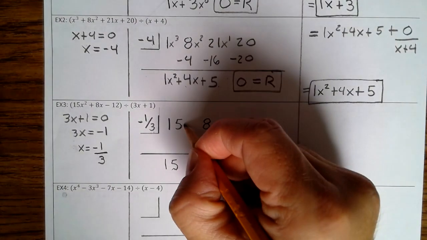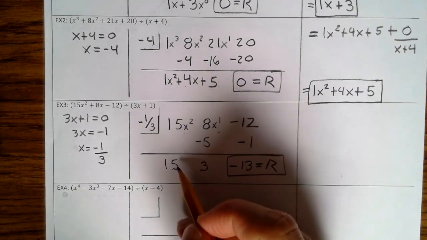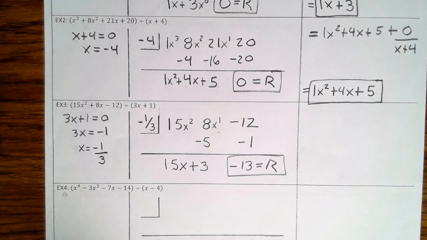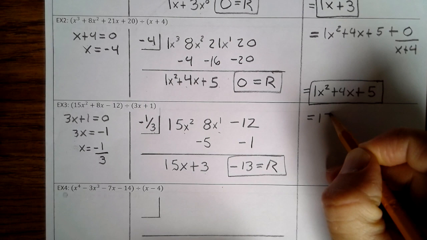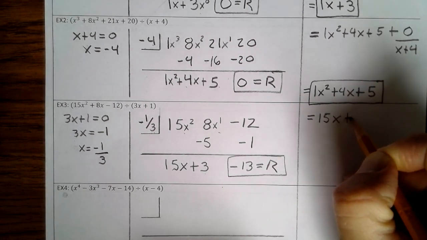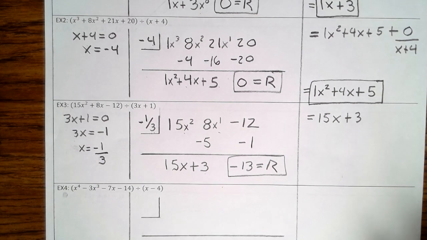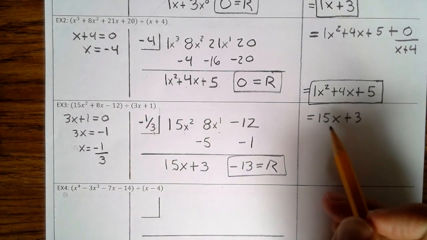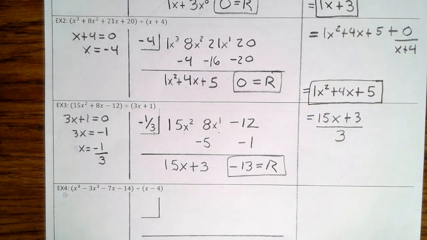Now remember, this was x squared. This was x to the first power. When you divide, they decrease. So this becomes 15x plus 3. So your answer is 15x plus 3. Now, this is a very unique situation in that because when you're working with a fraction, the denominator, this has to be divided by the denominator in your final answer.